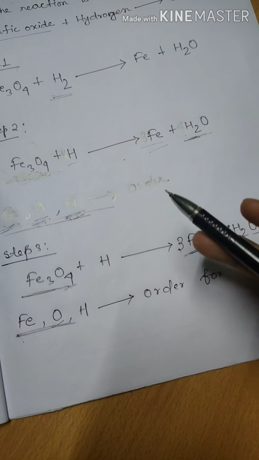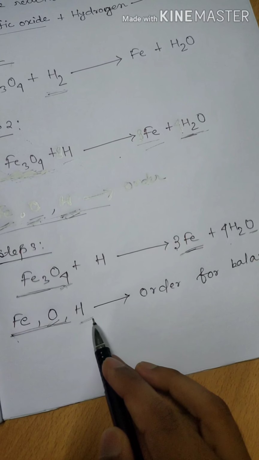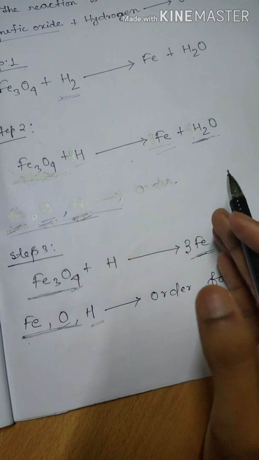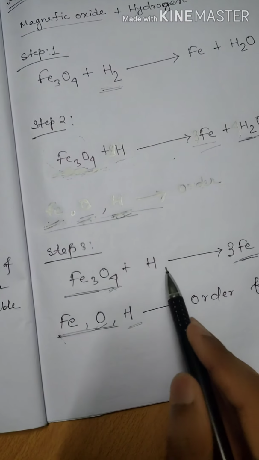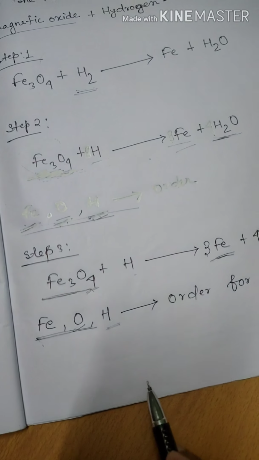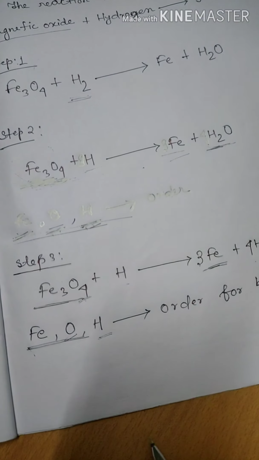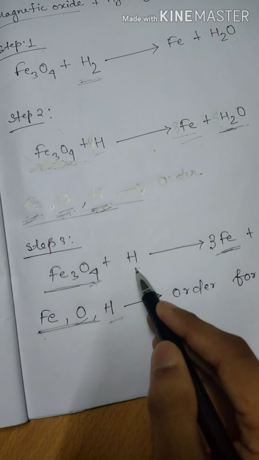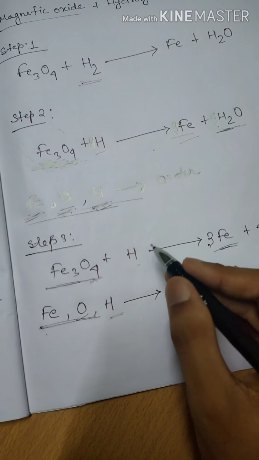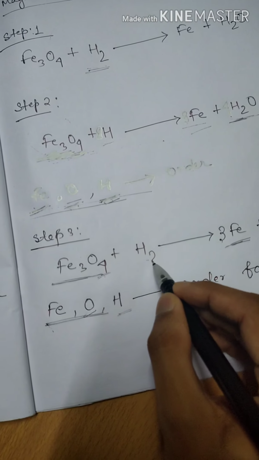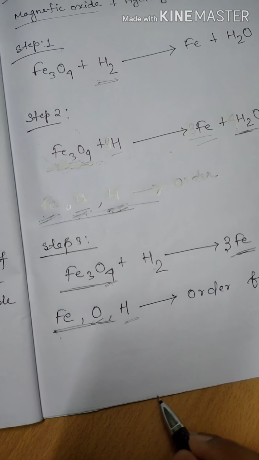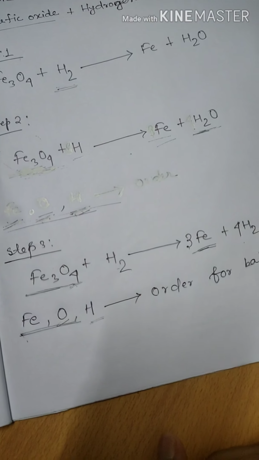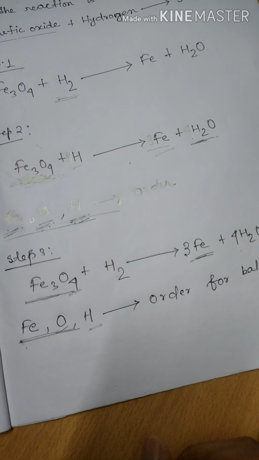Okay, now we have to balance this hydrogen atom. Before that, we have to convert this hydrogen again into its molecular state. If we convert this hydrogen into its molecular state, then this will be H2. So now we have to balance the number of hydrogen atoms on both sides.